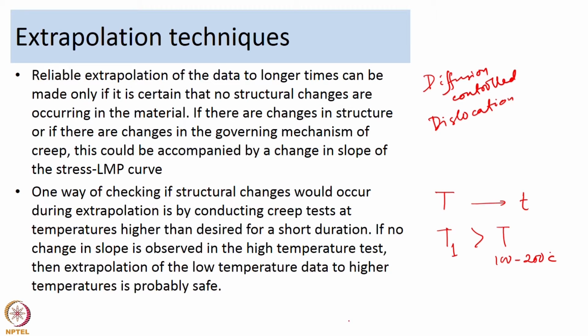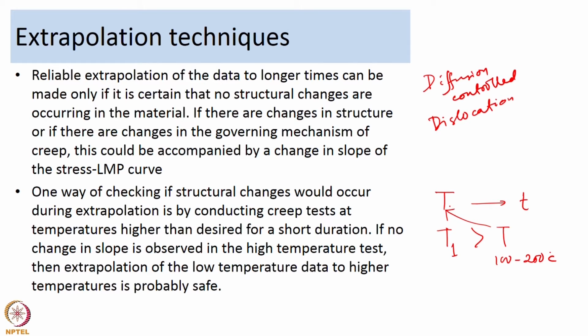Once you test your samples at a higher temperature, and if you do not come across any structural changes, then you can be confident that the material is not going to undergo any structural changes at a lower temperature.